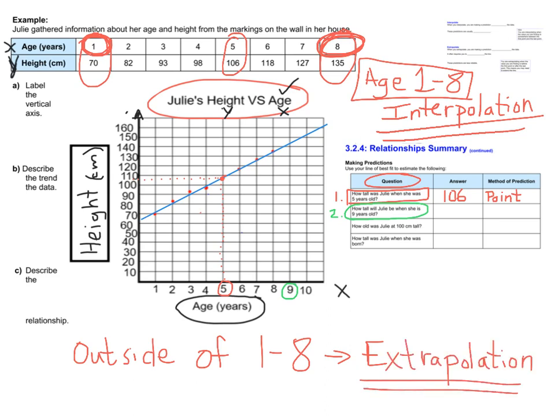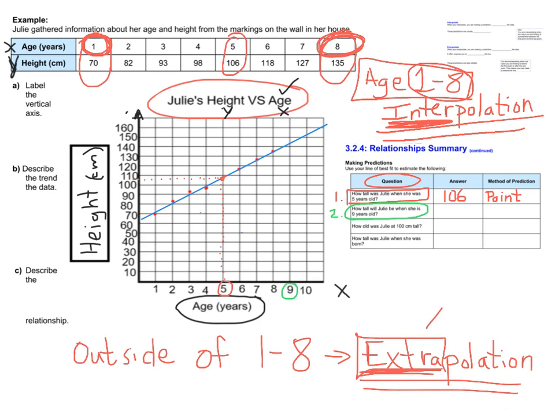And it's called extrapolation because it's extra information that is not given. So inter is in between the ages they give us. They give us between ages 1 to 8. So anything that we're predicting within age 1 to 8 is interpolation. Anything extra or outside of 1 to 8, so if they ask you before 1 or if they ask you after 8, it's extrapolation.